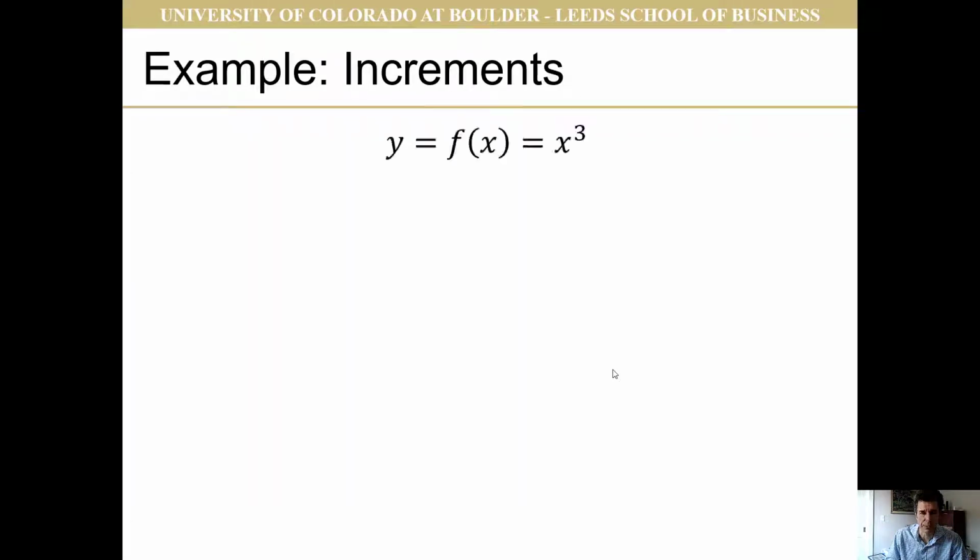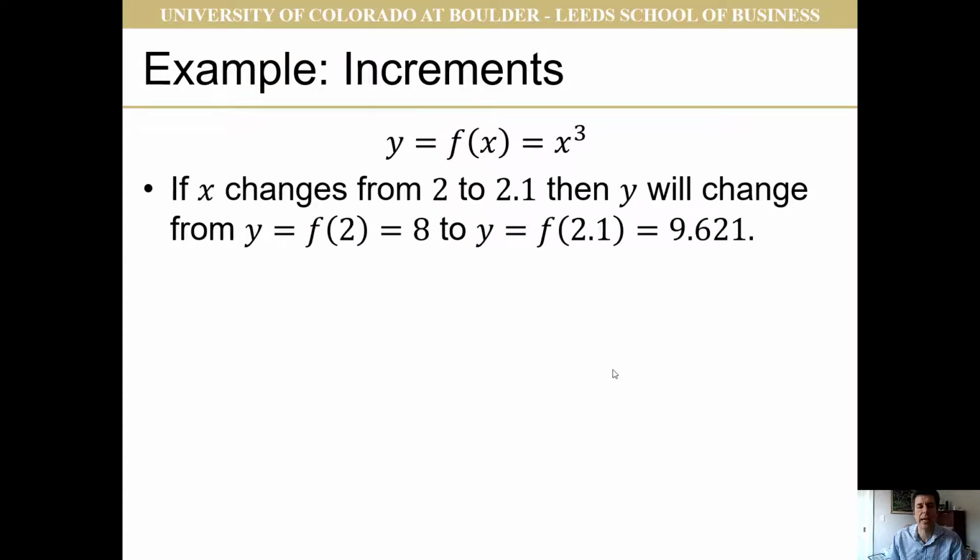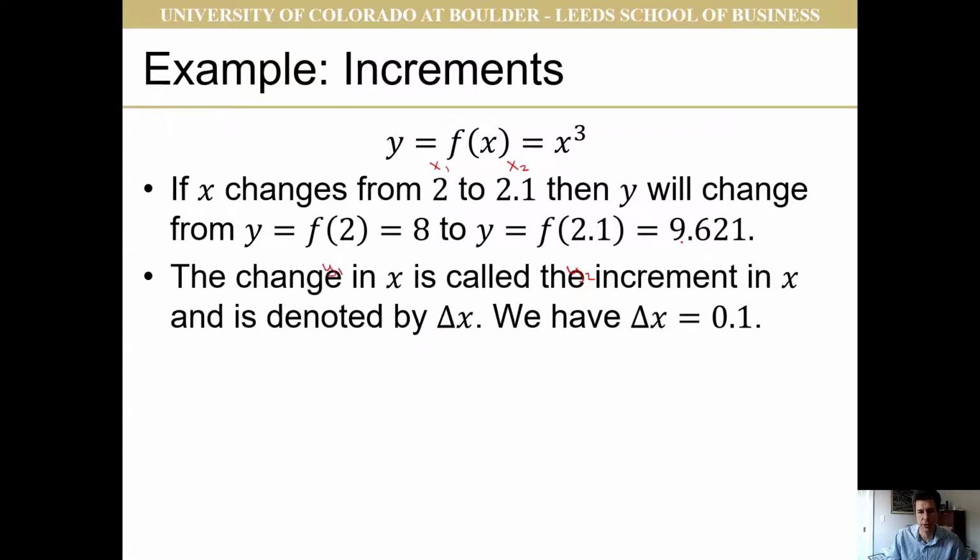So, for example, we have a function y equals f of x equals x cubed. If x changes from 2 to 2.1, so x1 is 2, x2 is 2.1, then y changes from y1, 2 cubed, which is 8, to y2, which is 2.1 cubed, which is 9.621.